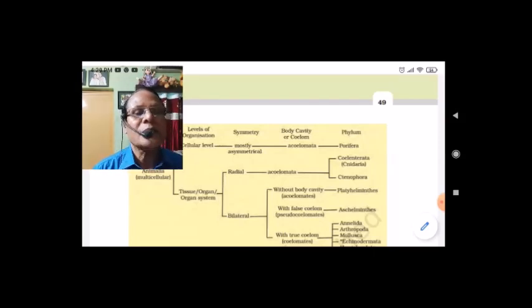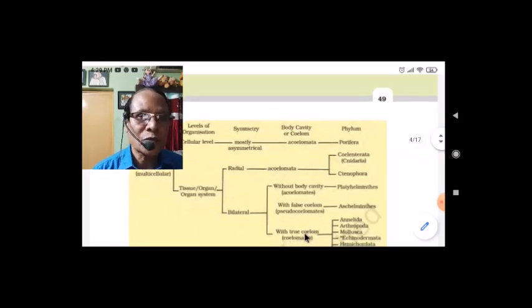Now the third category is animals with a true coelom, that is, coelomate animals. Here also we have two different groups of animals based on the nature of formation of coelom: one enterocoelom, another one eucoelom, or simply we can say schizocoelom.